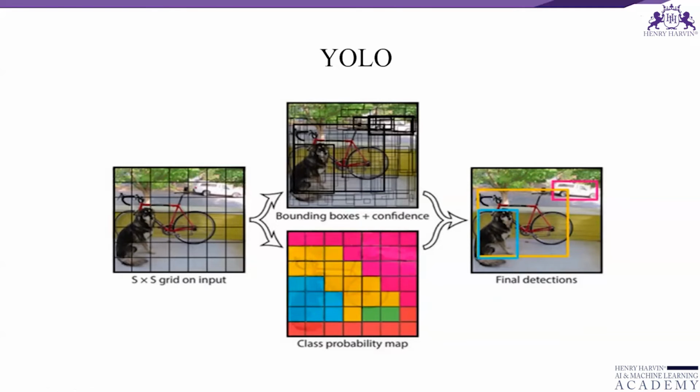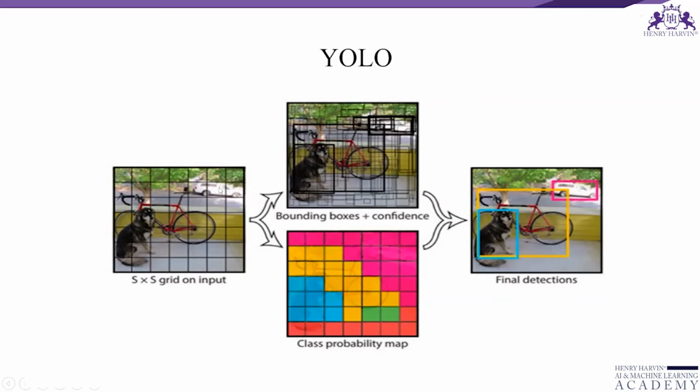So this is how it basically works, and I hope this is very simple. It divides the image into a certain grid. You can see where there is a dog, the dog's grid is blue in color, and wherever there is a bicycle, it is in yellow color.